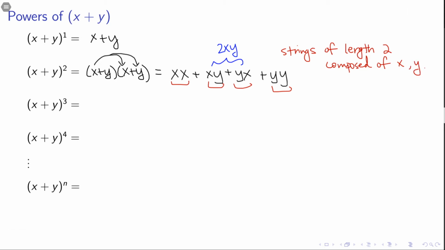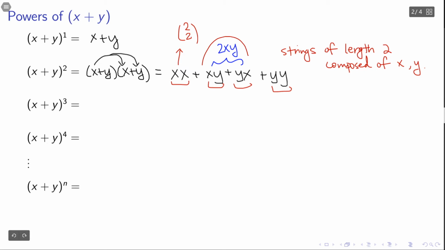Right, so you can have 2 x's, 2 y's, or 1 x and 1 y. And sure enough, if we count the number of such strings that are composed of exactly 2 x's, well, that's exactly equal to 2 choose 2, or 2 choose 0, depending on whether you're counting the x's or the y's.